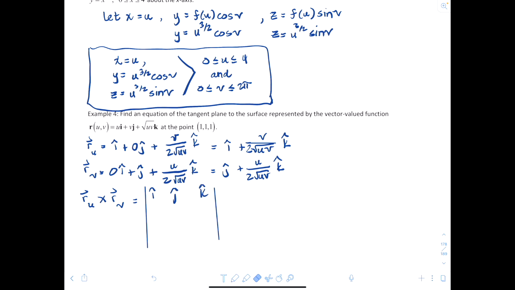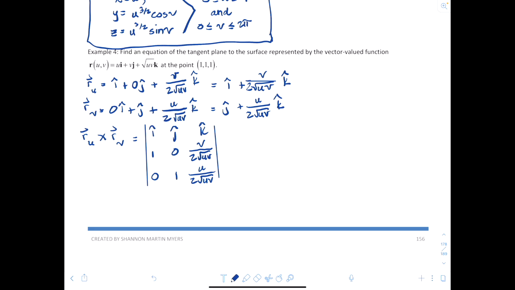So the first line will be 1, 0, v over 2 root uv, and then 0, 1, u over 2 times root uv.